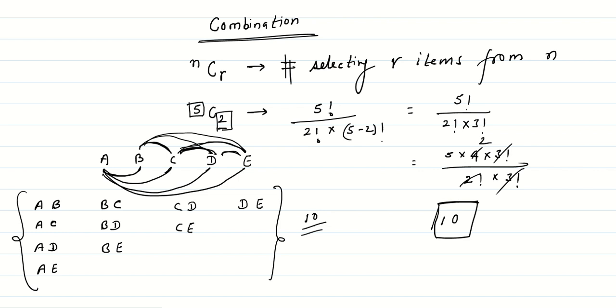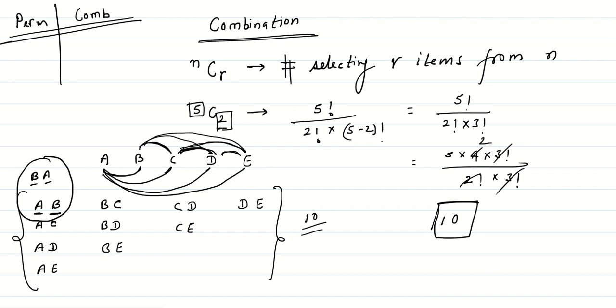Now what is the difference between P and C? Remember, always keep in mind, the term is permutation, the term is combination. There's a difference. You know what the difference is? Very simple. Look at the first selection. AB and BA is the same selection. Why? Because it does not matter the order.